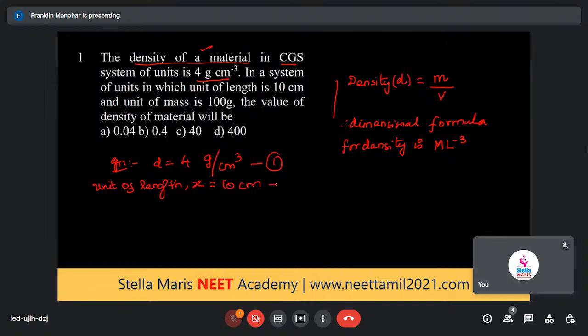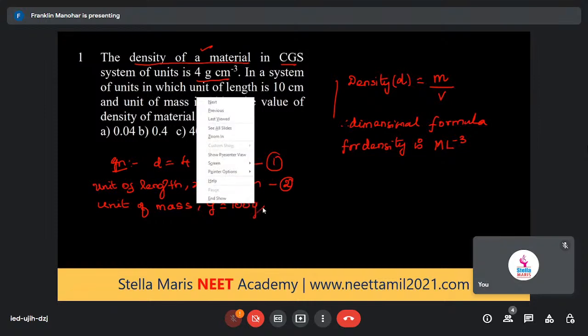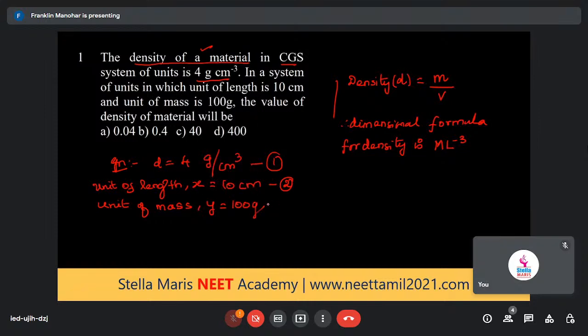X is equal to 10 centimeter. Let it be taken as equation 2. Then unit of mass, Y is equal to 100 gram. Let it be taken as equation 3.